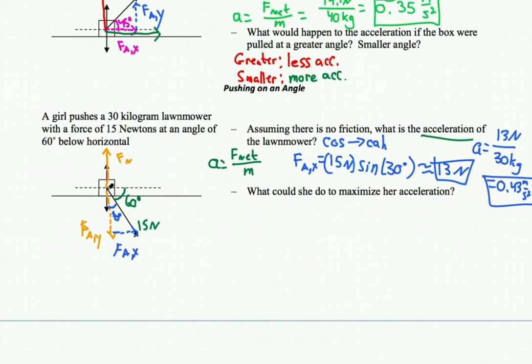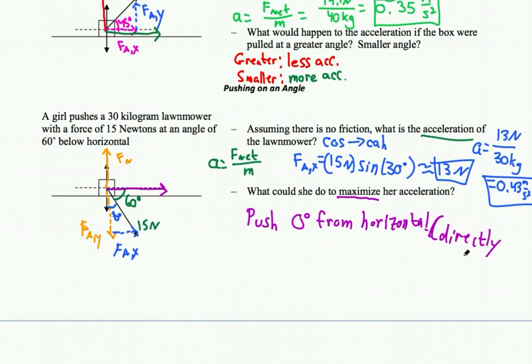And really she could maximize it if she was pushing directly horizontally. So to maximize her acceleration, she could push at 0 degrees from the horizontal, or you can think about that as directly horizontally.